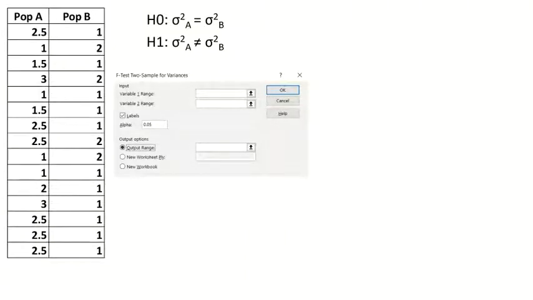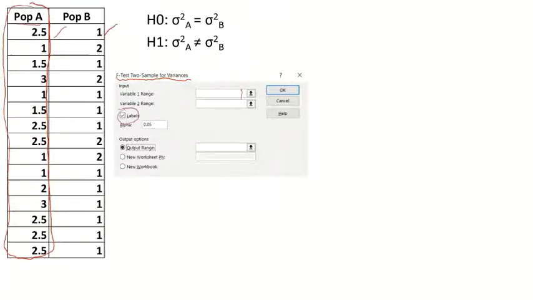So in Microsoft Excel, after you've inputted these numbers in 2 columns, you may then go to Data and then Data Analysis, and then choose F-Test Two-Sample for Variances. And then click on Variable 1 and highlight everything in the first column, including the title, or the label.